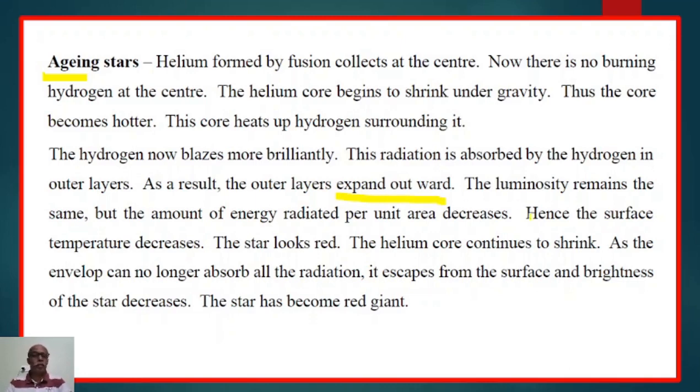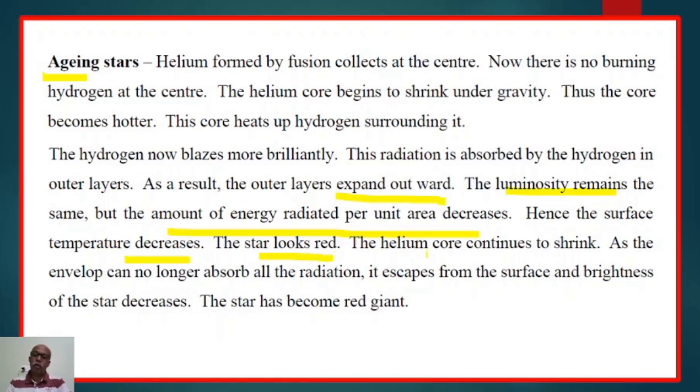The luminosity remains the same, but the amount of energy radiated per unit area decreases because of the increase in size of the star as the outer layers expand. Hence, the surface temperature of the star decreases. Now the star appears red in color.